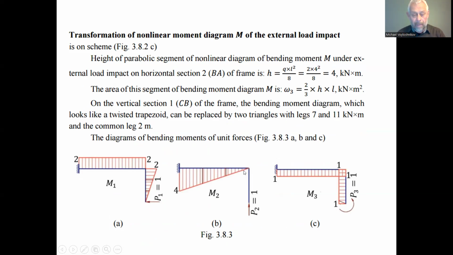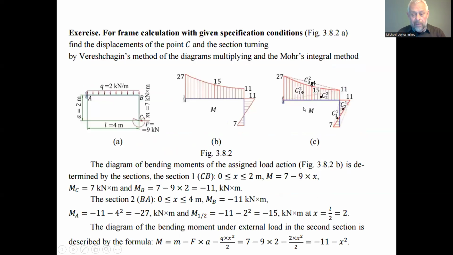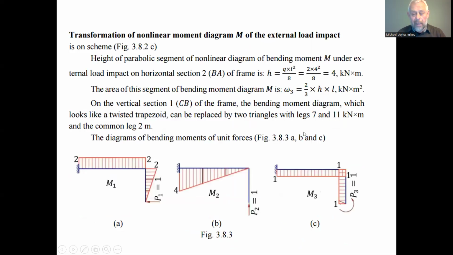So we have to multiply the areas of all 5 segments of the bending moment diagram for the action of the external forces by the ordinates on the diagram of the bending moment from the unit force directed upward applied to the point C. In this case, we will know the displacement upward of the point C under the external load assigned for the considered mechanical system.